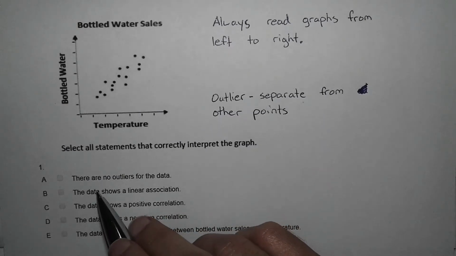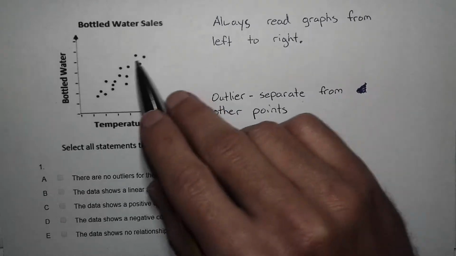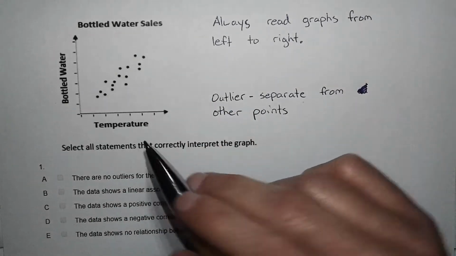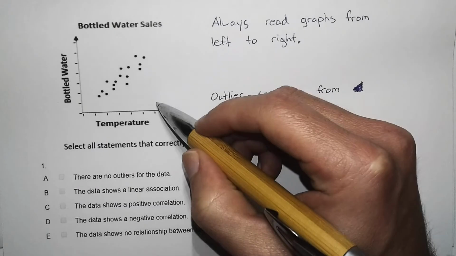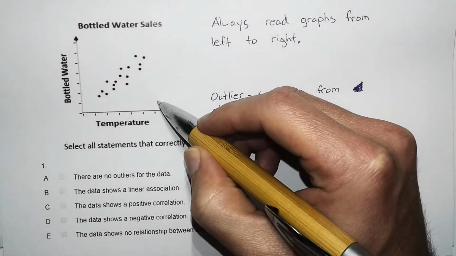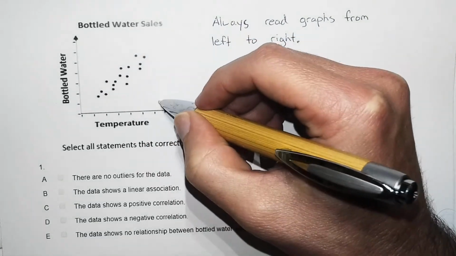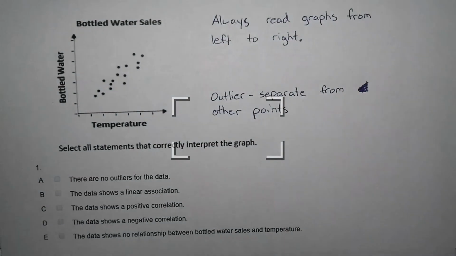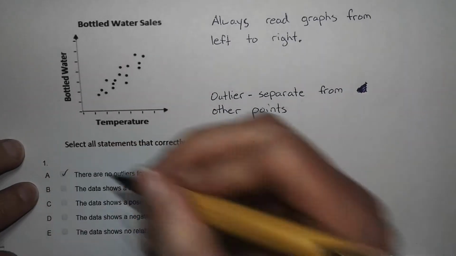It says there are no outliers. Well, all of these dots are basically together in a group, so there's none that are really separate from anything else. An outlier might, for example, if I put a dot right here, it would be very separate from everything else, or maybe over here, or there could even be two of them. So in this case, there are no outliers. That is true.